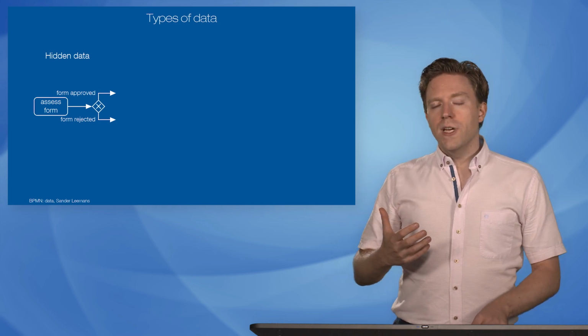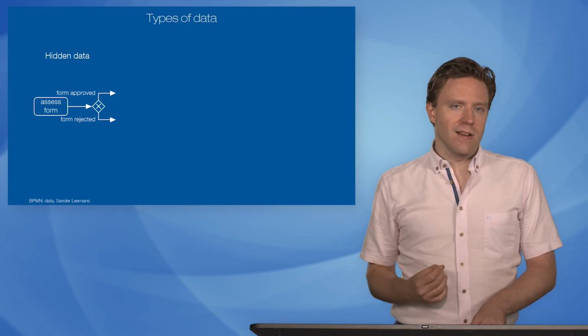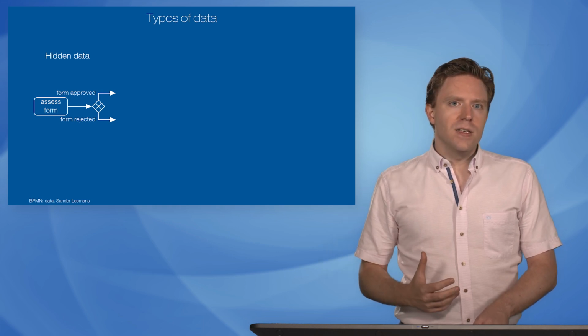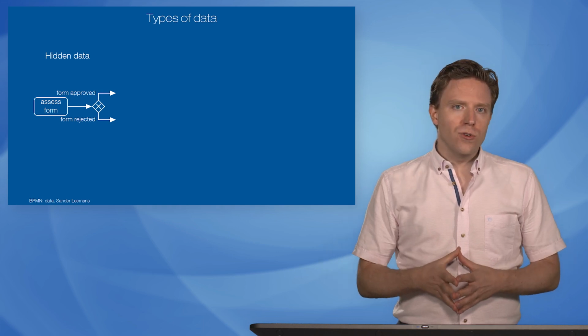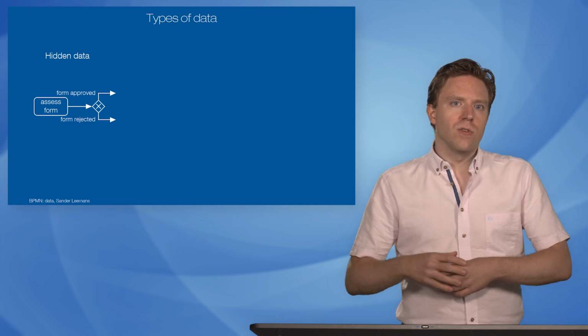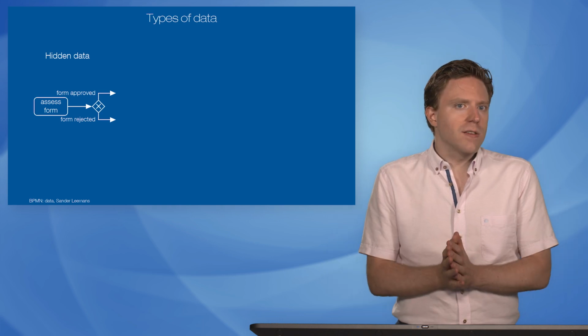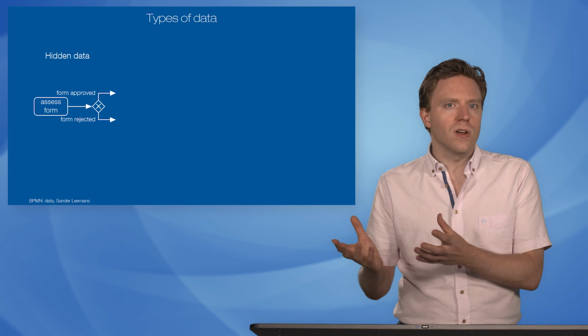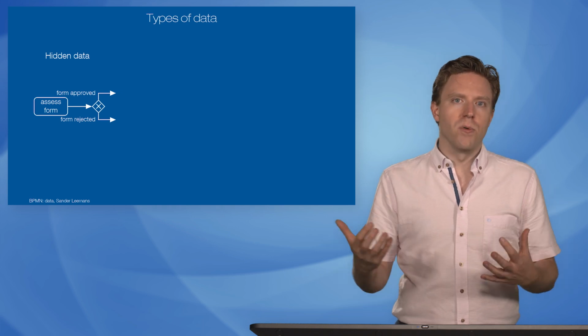We have already seen hidden data. Hidden data is data that is not explicitly modeled by means of modeling notation, but rather in the text and in the words, kind of as a communication between people.